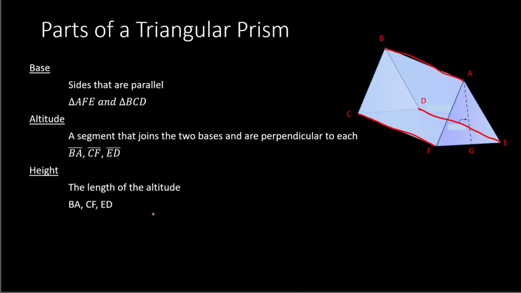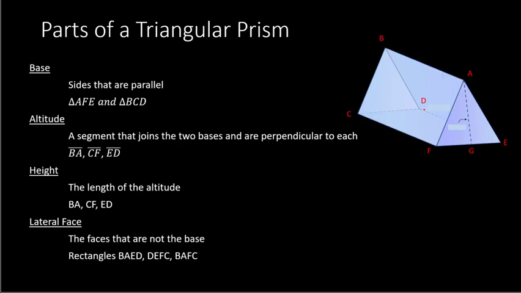And then the lateral faces would be the sides that are not the bases. So the bases were the triangle part. The lateral faces are the other sides, so the rectangles in this case. So you have rectangle BAED. That'd be this rectangle on the right side. So that'd be one rectangle. Then you have DEFC.